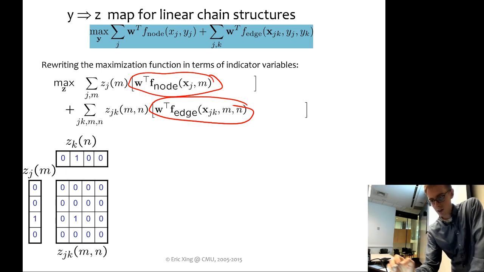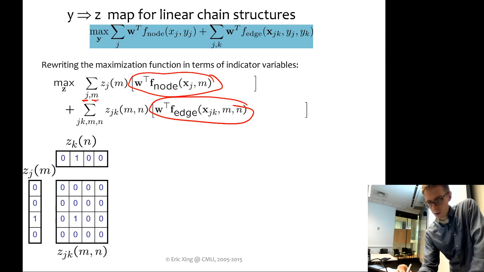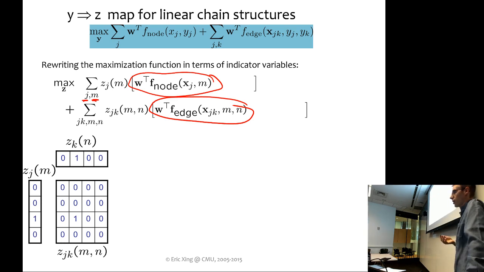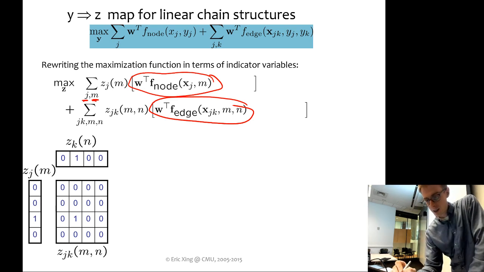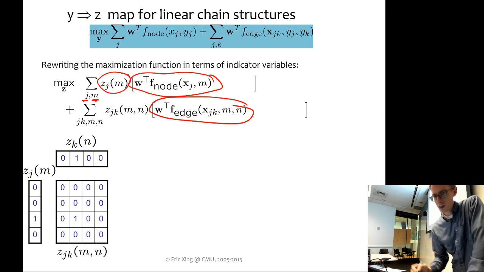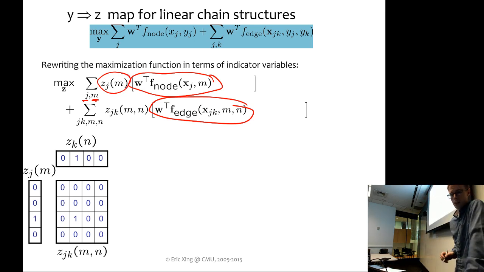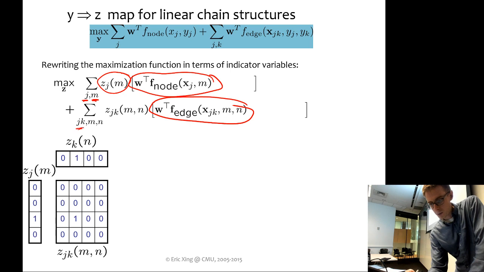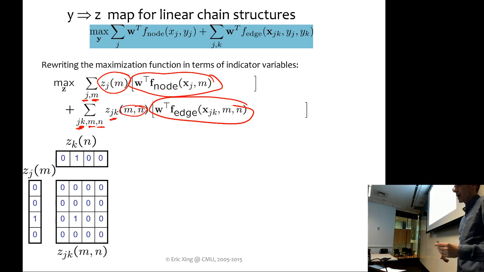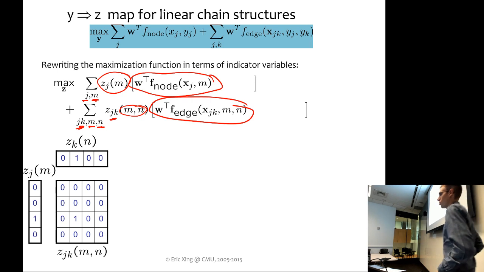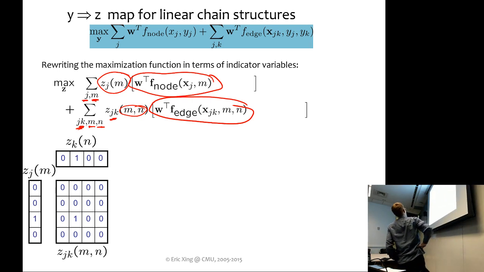For every variable j, and for every possible value m that the variable could take on, we multiply a binary indicator variable times our potential function. Then we do the same for each pair of variables jk, and each pair of values they could take on, mn, and we multiply that by the edge score.